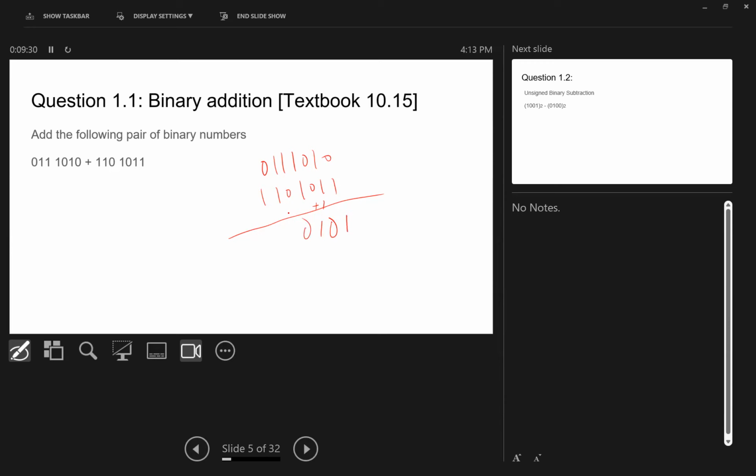So the decimal representation of this twos complement number should be minus 2 to the n minus 1, minus this summation. And if we try to combine these two equations together, we can get this equation.